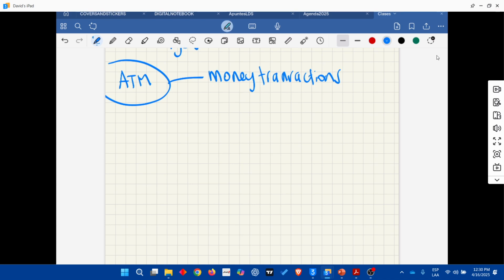For example, deposit money, withdraw money, paying services, and more. But let's talk about just these three items.